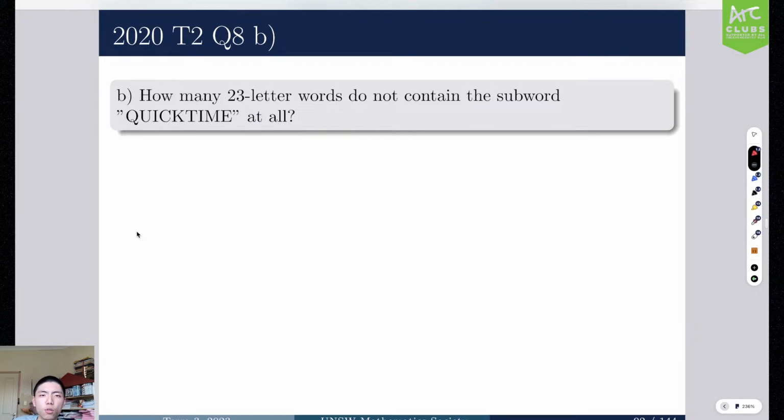Okay, how many 23 letter words do not contain the subword QuickTime at all? The way we deal with this one is we look at the total number of words, and then we subtract off the ones that contain the subword QuickTime once.